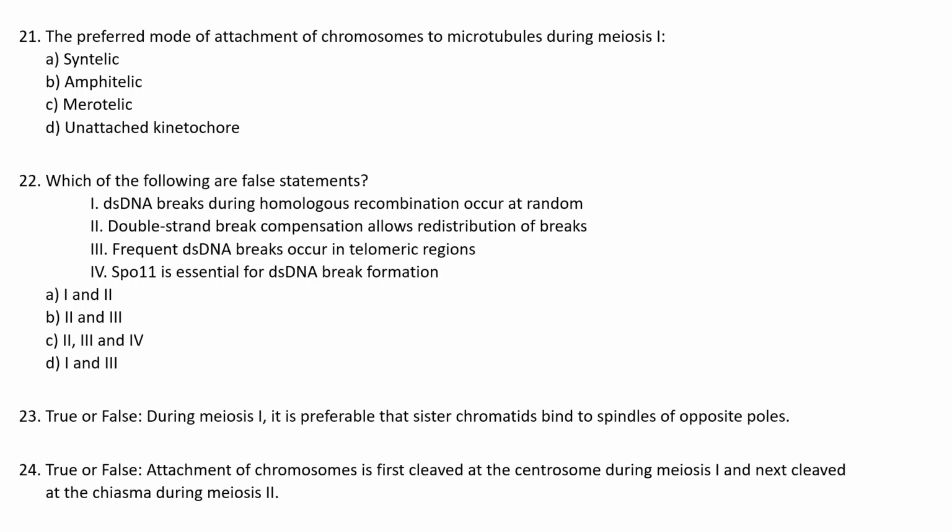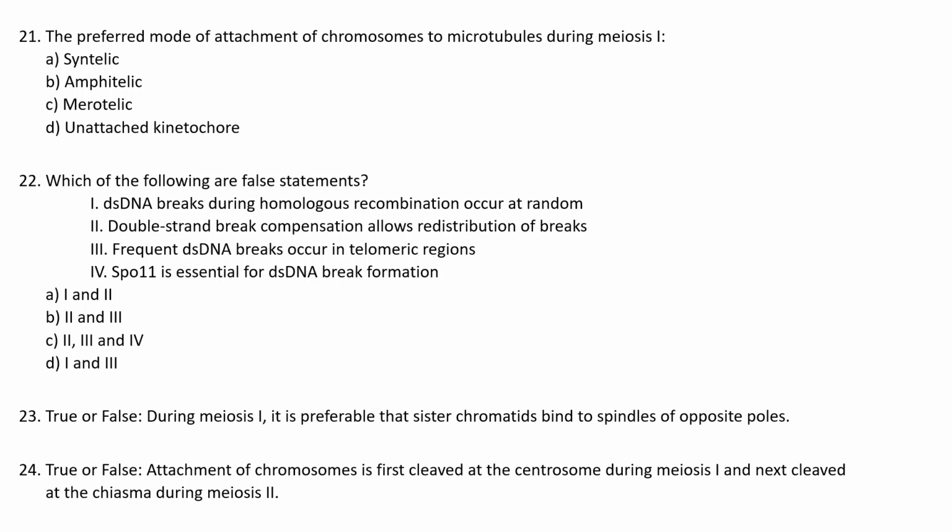And the question was: how come the REC8 that is involved with holding these together doesn't get cleaved in meiosis 1 at both the centromere as well as the chiasma? There are some hypotheses as to how that happens. There might be a spore protein involved, or some interactions that help hold it together, or some phosphorylation events that protect REC8 from cleavage by separase.